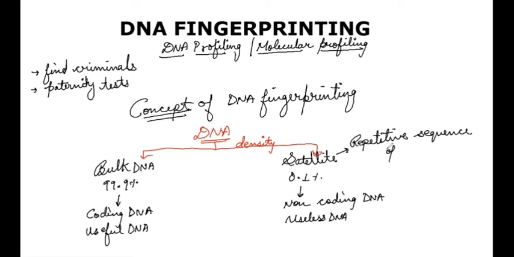Now the further classification of the satellite is done, so we are classifying the satellite now. The satellite can be classified into two groups on the basis of the size of the DNA or the number of base pairs present in it.